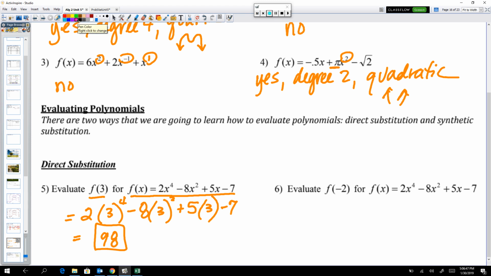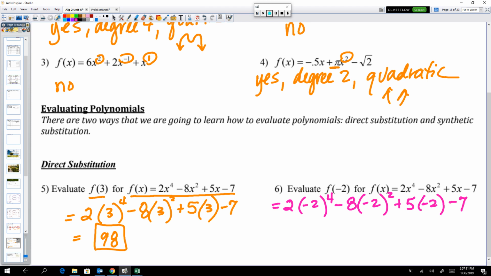If you did get 98, let's go ahead and move to the other question that we have here for direct substitution. We're going to evaluate this one at negative 2. And so every time we see an x, we're going to replace it with negative 2. Be careful on this on your calculator. I would definitely use parentheses everywhere to make sure that your calculator understands when you are bringing these negative numbers to these positive powers.